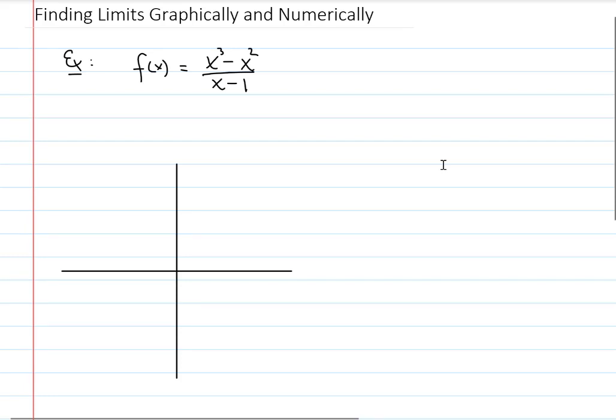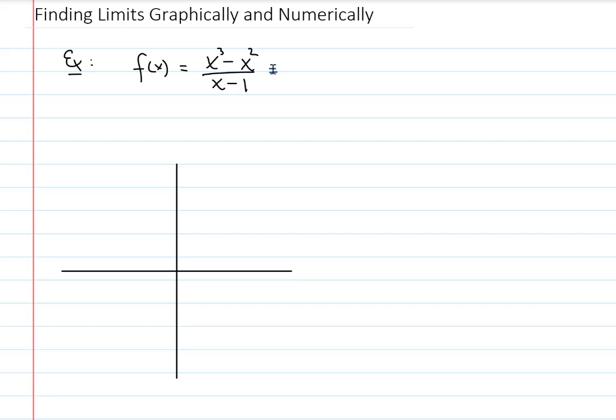So I want to start with an example here. We have this function f of x equal to x cubed minus x squared over x minus 1. This is of course a rational function, and we want to try to graph it. If you recall from your algebra course, we can factor the numerator and also the denominator.